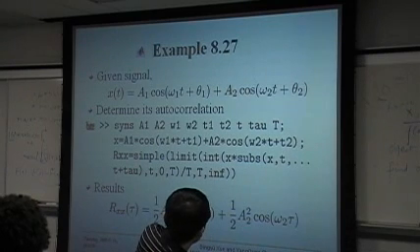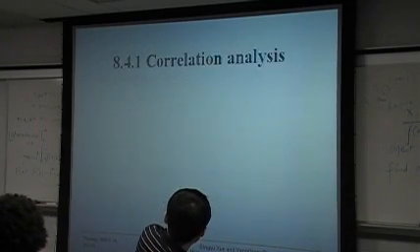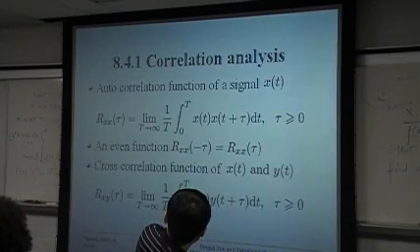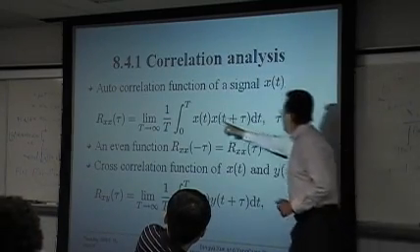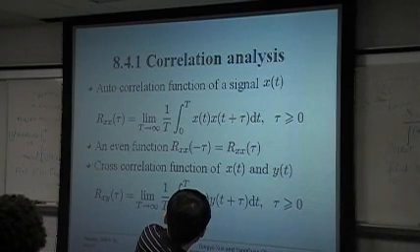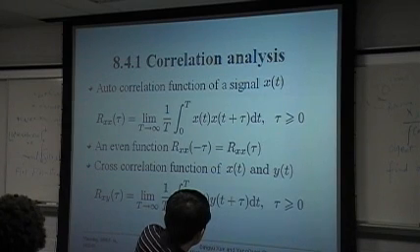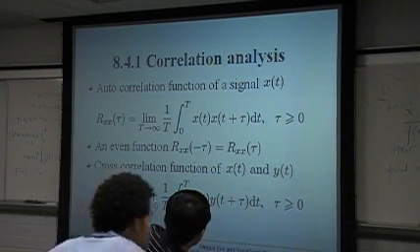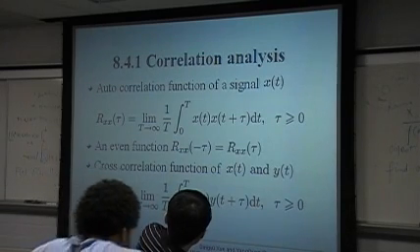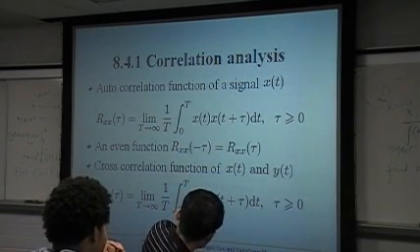So how can we find, from the definition, the function x of t plus tau? What's the difference between these two? The solution is quite simple.